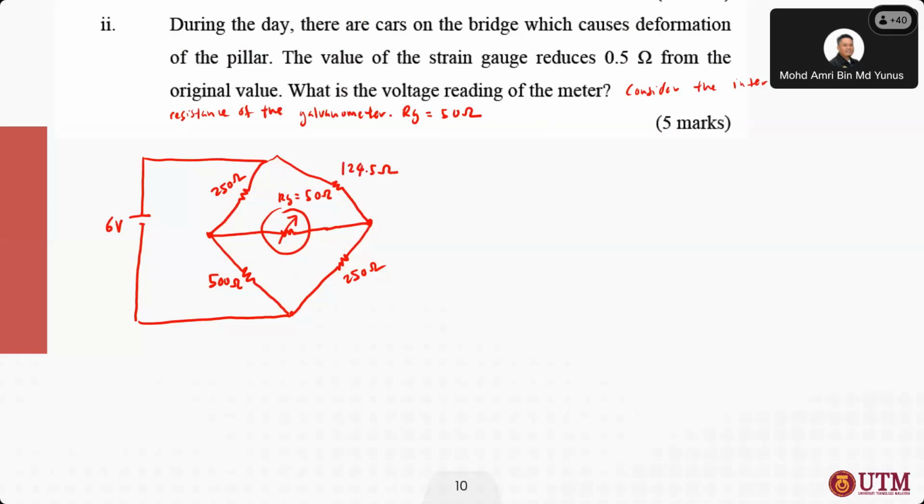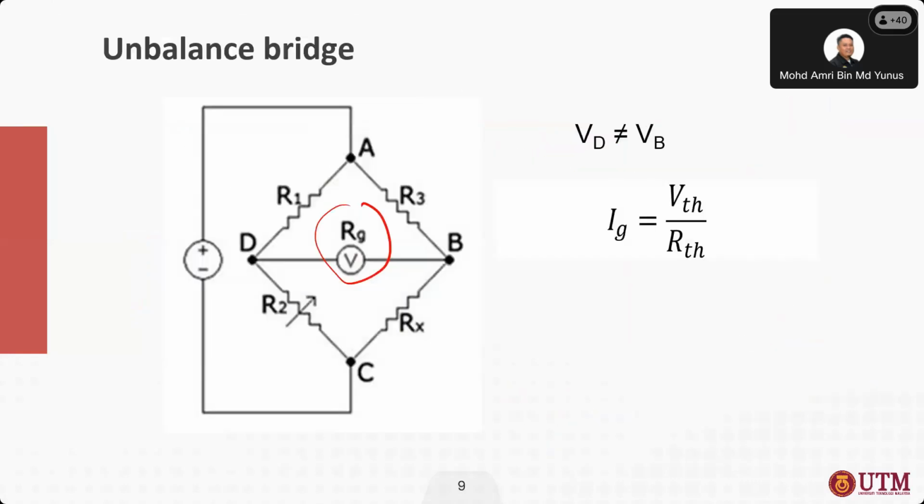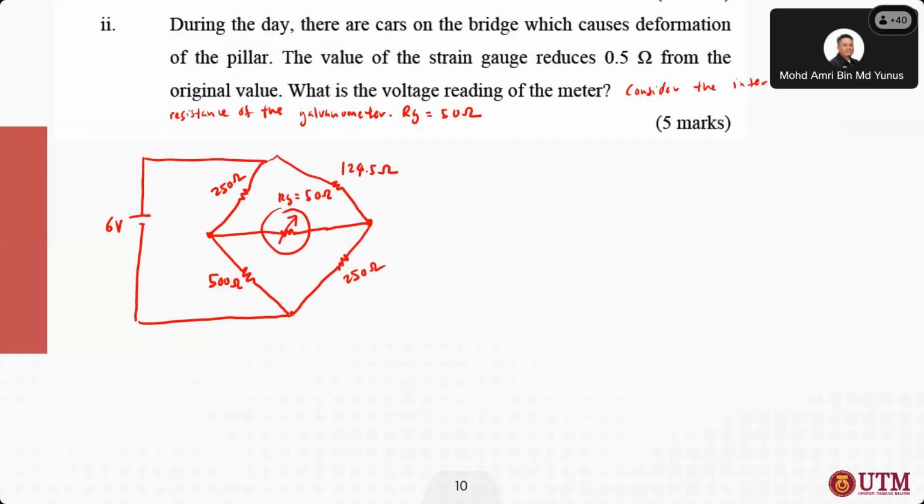And the idea is, what is the voltage reading of the meter, which is basically the voltage between point M and N, VMN. To solve this, we need to use Thevenin analysis.